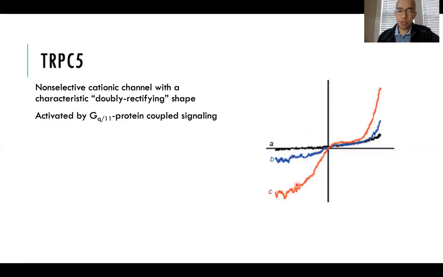And what's important for the rest of the talk is that different channels have different current voltage curves. And so in many cases, we can really characterize a channel and know its identity based on the particular shape of the current voltage curve. And for TRPC5, this is a very characteristic W rectifying shape. And all that really means is that you have this curve downwards and this curve outwards. And that's all you really have to remember for the rest of the talk.